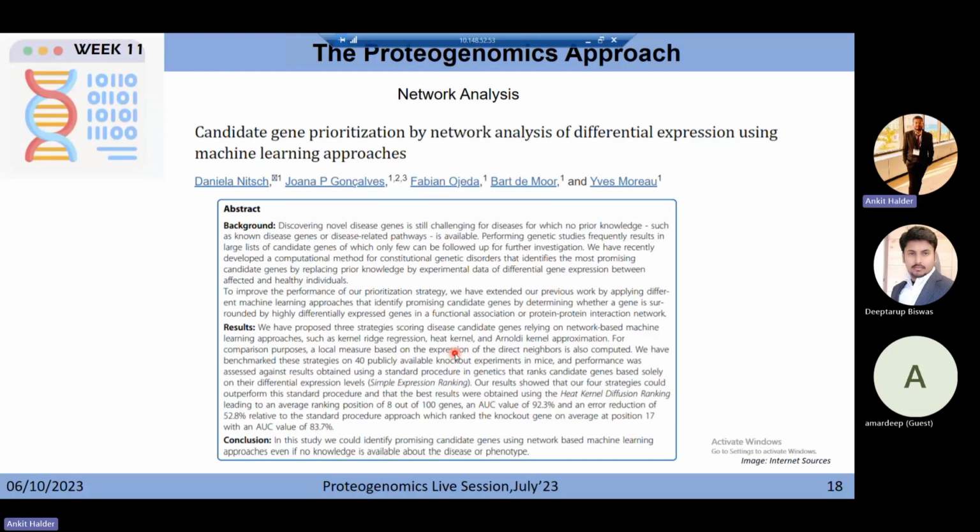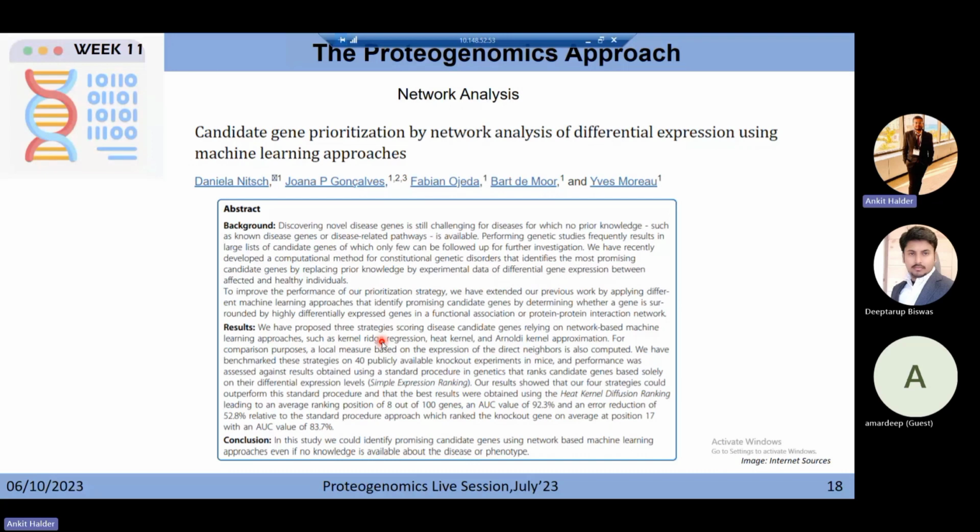So I am hopeful that you are clear, and this terminology will not be so unfamiliar to all of you. The kernel ridge regression is a kind of ridge regression, but with a weightage or kernel, then the heat kernel and Arnoldi kernel approximation. So they have used these three techniques.